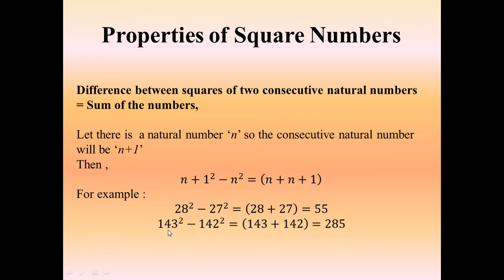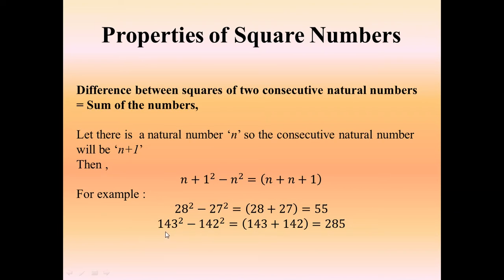Like if you have two bigger numbers like 143 and 142, calculating the square of 143 or 142 will take a lot of time, and then you have to do the difference. Suppose we have to calculate the difference of the square of 143 and 142.